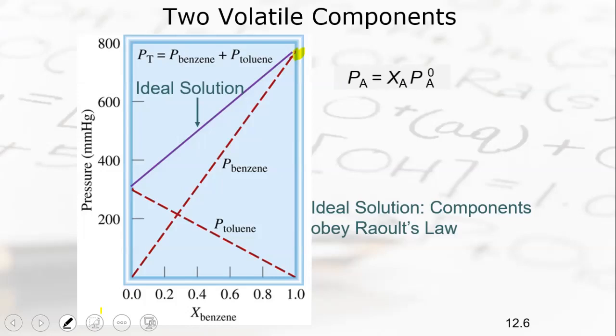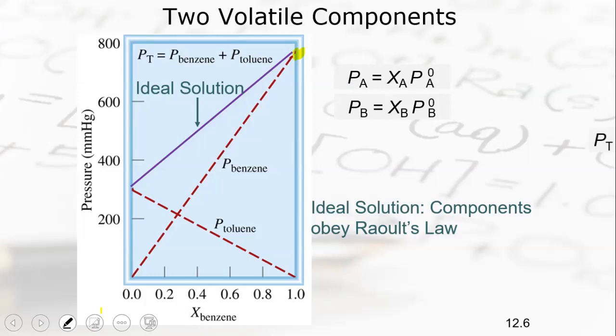Now remember, one of them is going to have a partial pressure following Raoult's law, so mole fraction of A times the vapor pressure of pure A. And then for component B, let's say benzene, that would be the mole fraction of B times the vapor pressure of pure benzene.